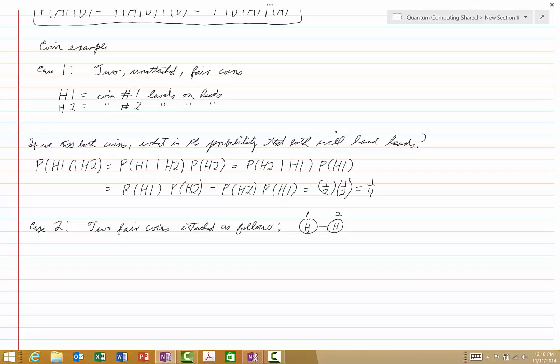And so now, if we toss these connected coins, what is the probability both will land heads?